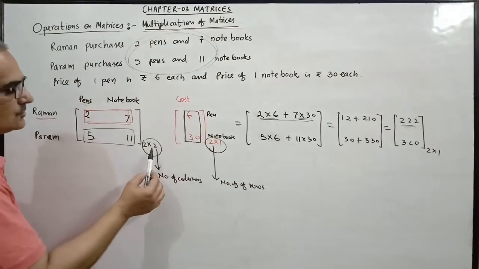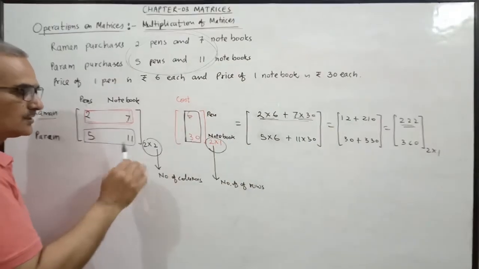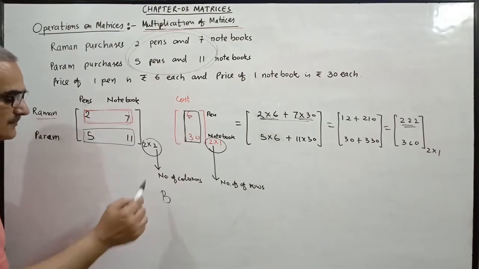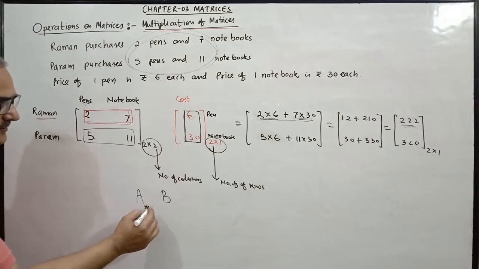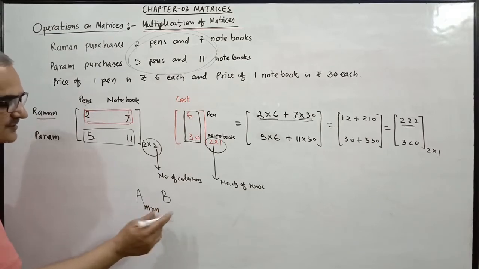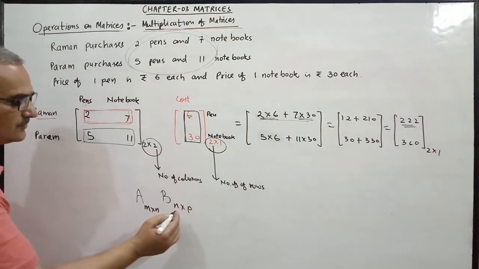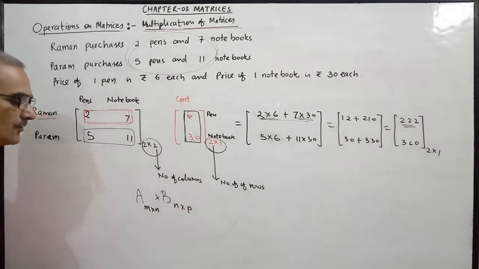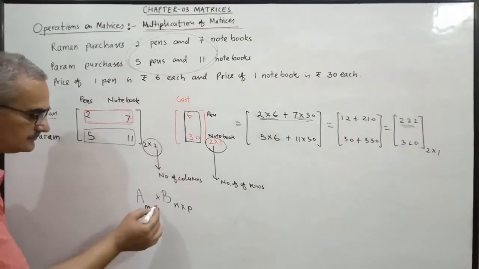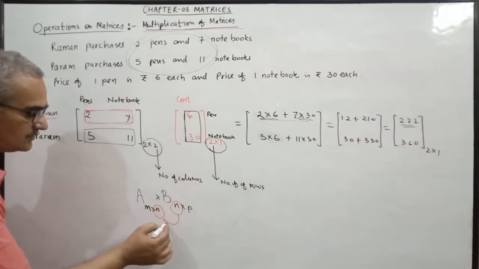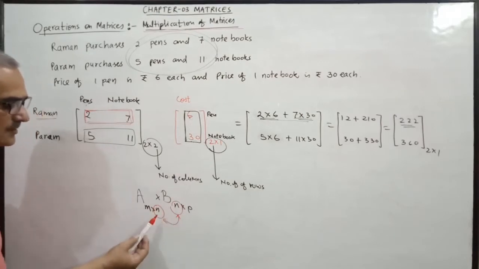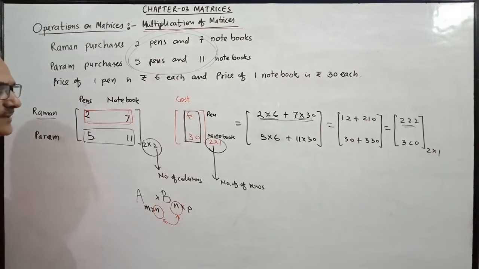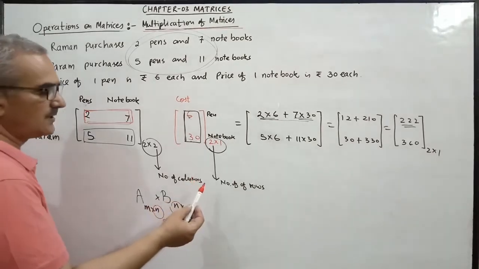So when you want to multiply two matrices, A matrix multiplied by B matrix, you have to see that the number of columns of the first matrix should equal the number of rows of the second matrix. Then only these two matrices can be multiplied.